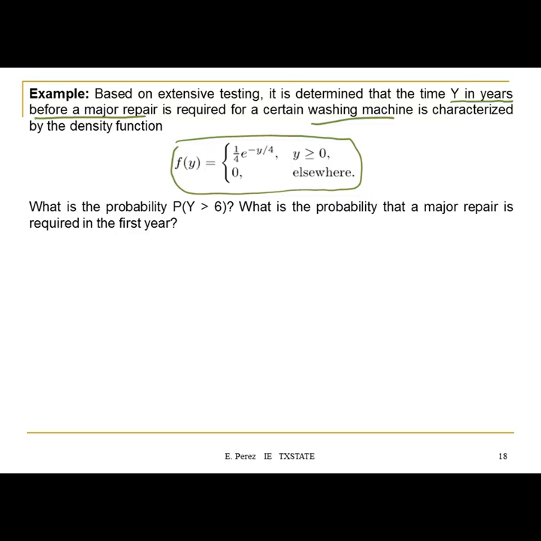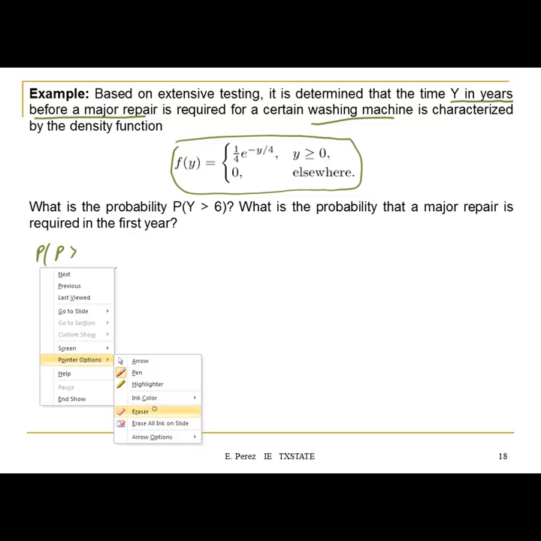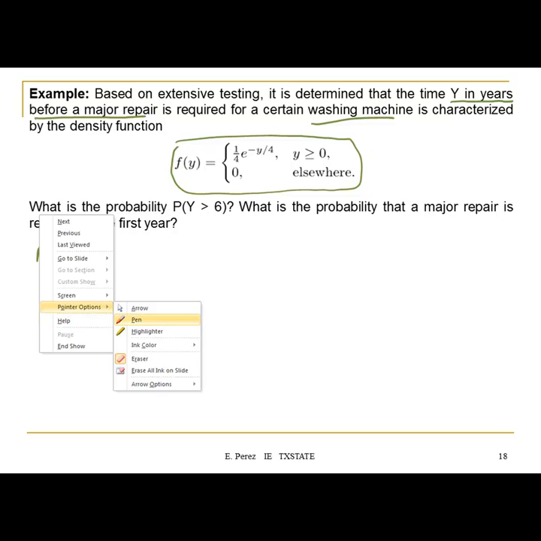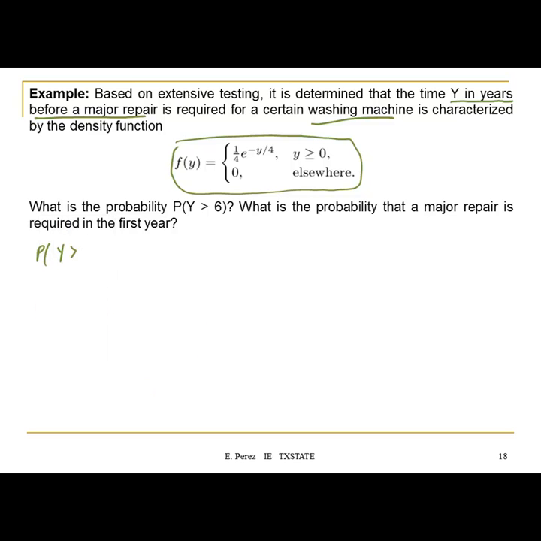So I guess this one is straightforward. You have y. You need to know the probability of y being greater than 6. And having the function, you just have to set up the limits.